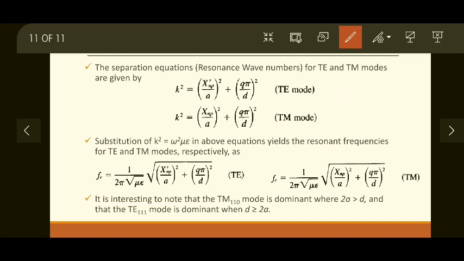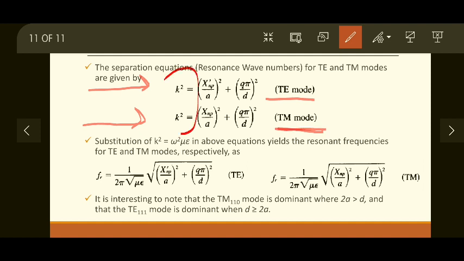For TE and TM modes they can be obtained by these two formulas. The first one is for TE mode, the second one is for TM mode. Simple formulas. M pi by a squared is replaced by x dash np by a bracket squared for TE mode, and by x np by a bracket squared for TM mode.